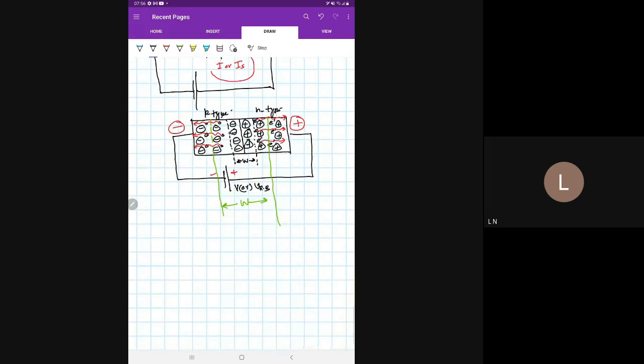Using a band diagram, suppose with zero biasing condition we had a built-in potential of VBI. Now, because of reverse bias, the depletion region increased.